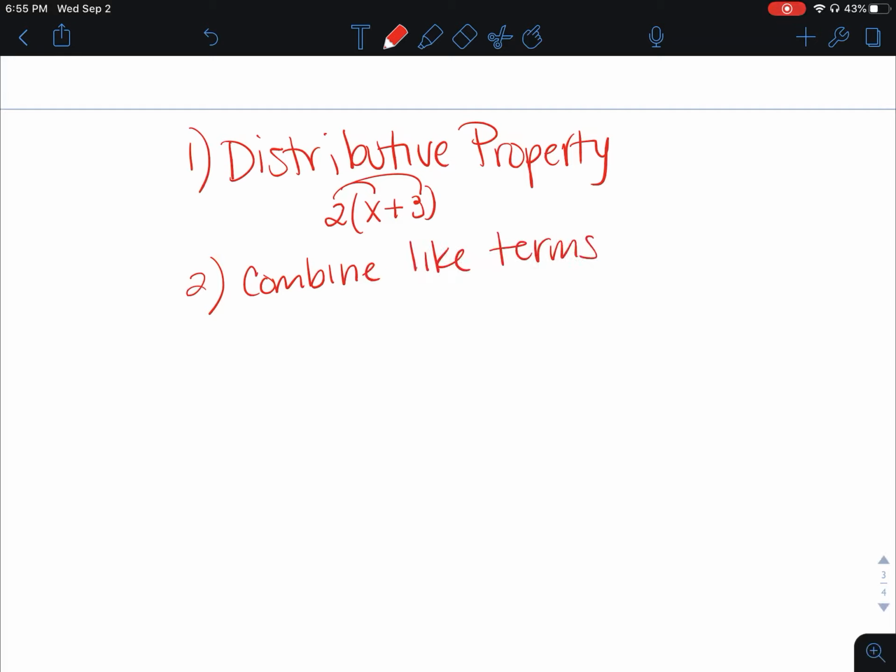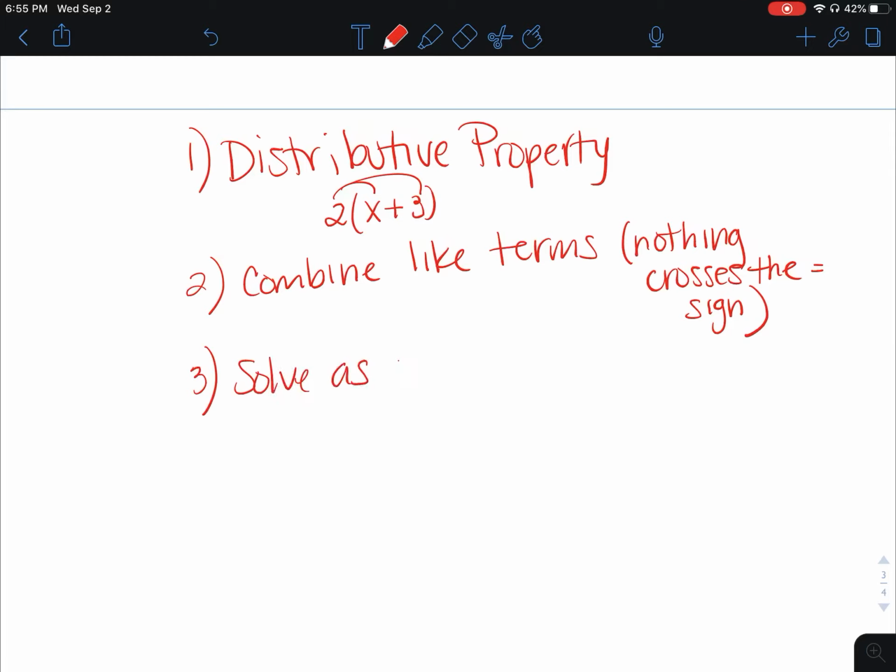Now, nothing crosses the equal sign. Remember, in order to cross the equal sign, we have to use opposite operations. Okay? So combine like terms, and then from there, you're just going to solve as normal. Right? As the upside down T problems.